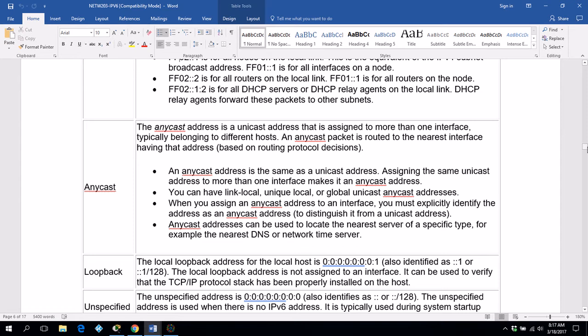Anycast means IPv6 can assign multiple hosts the same address, and this is typically used for DHCP servers. If somebody's looking for someone that has a specific IP address, multiple users can have it. That's called an anycast.